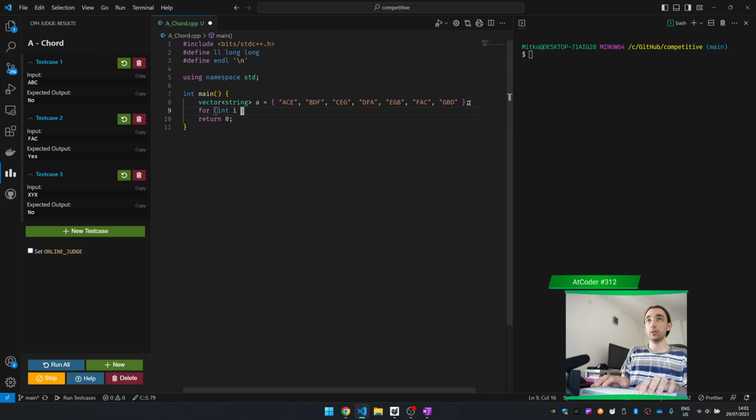Then I can read my string. I always use capital letters for the inputs. If A of I is equal to my string, then print yes.